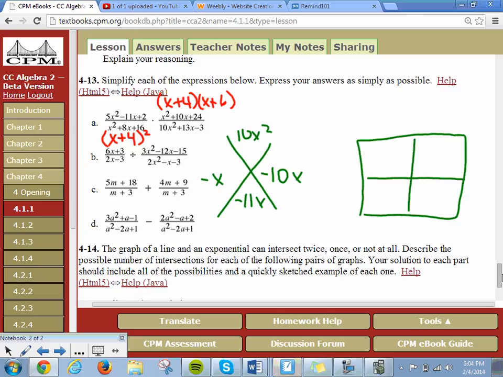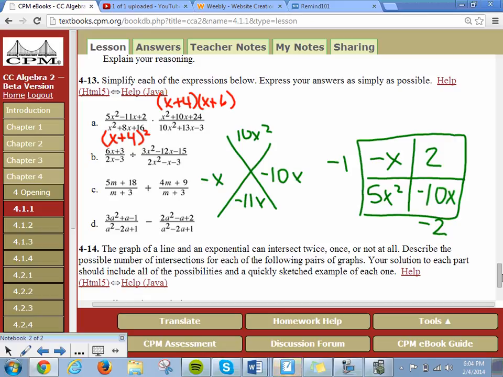When I put that back into my box, we've got our 5x squared and 2, and then I just found out negative x and negative 10. What they have in common here is I know that eventually over here I'm going to want to have a negative 2 up there.